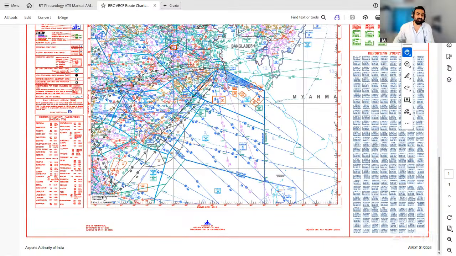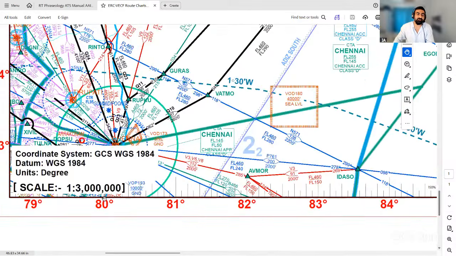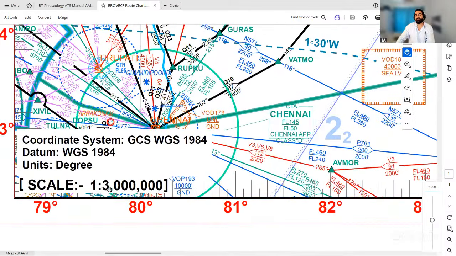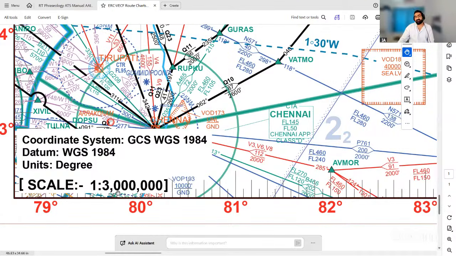Always when you're reading charts, you should also know the scale. Here the scale means 1 unit is equal to 3,000,000. That is 30 lakhs. So if right now on the chart this space is 0.5 centimeter, this seems like 1 centimeter.